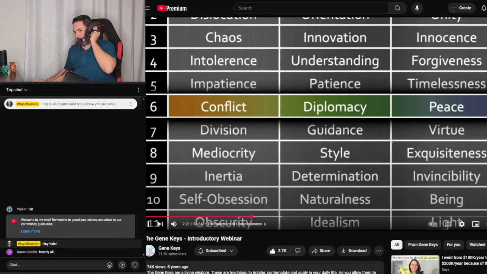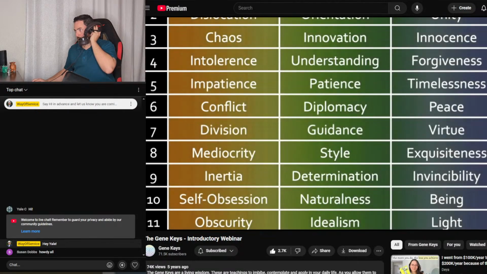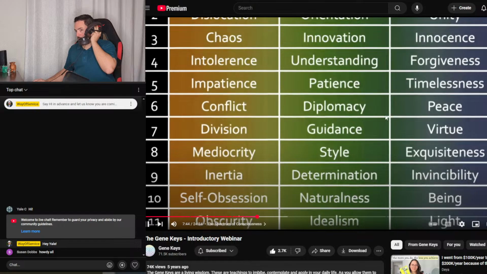In a way, you could say that the higher purpose of conflict is peace. But it moves through the revelation of peace, moves through the understanding and the lesson and the education of the gift of diplomacy. So as you'll see later on, this table of the frequencies of consciousness is central to the understanding of how the Gene Keys work to bring about personal transformation.